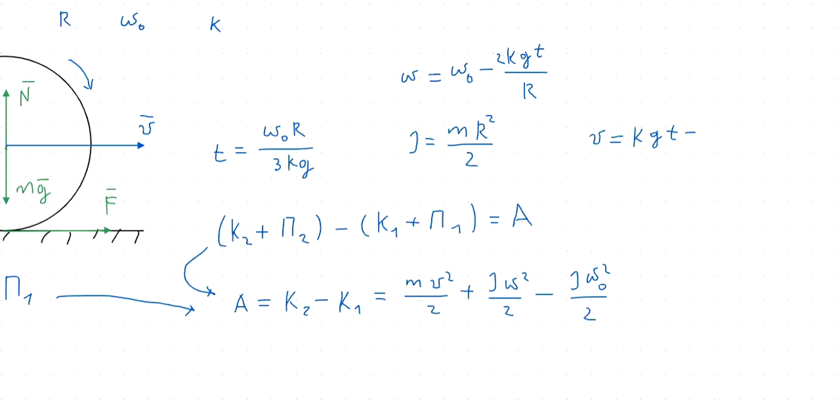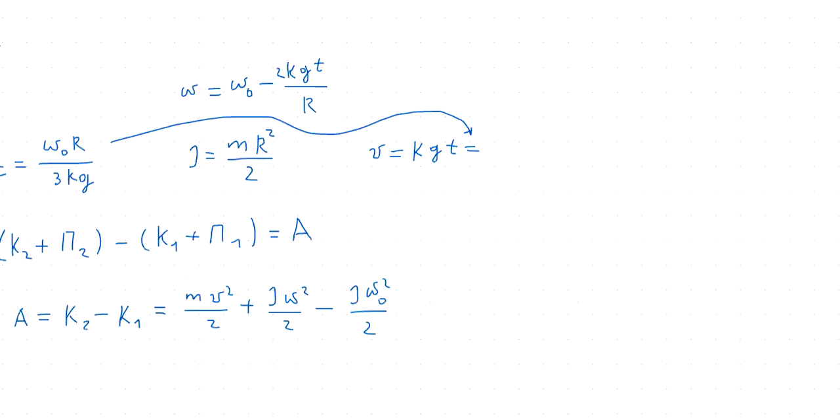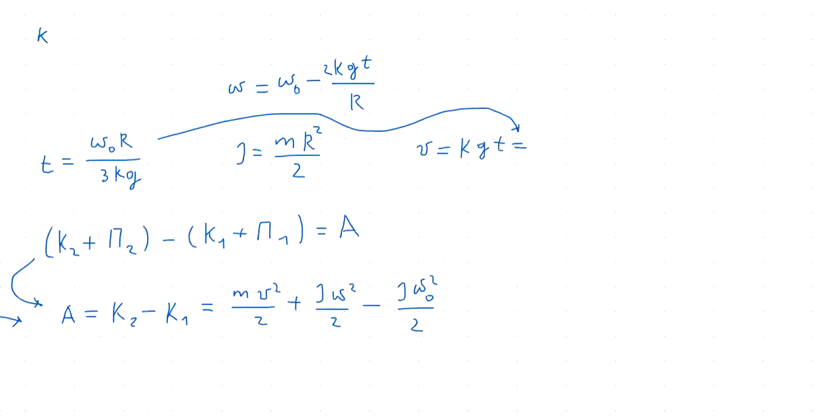So let's use this time that we have found before. After substitution, we will obtain that v is equal to omega 0 r divided by 3. And a similar situation will be with angular velocity.